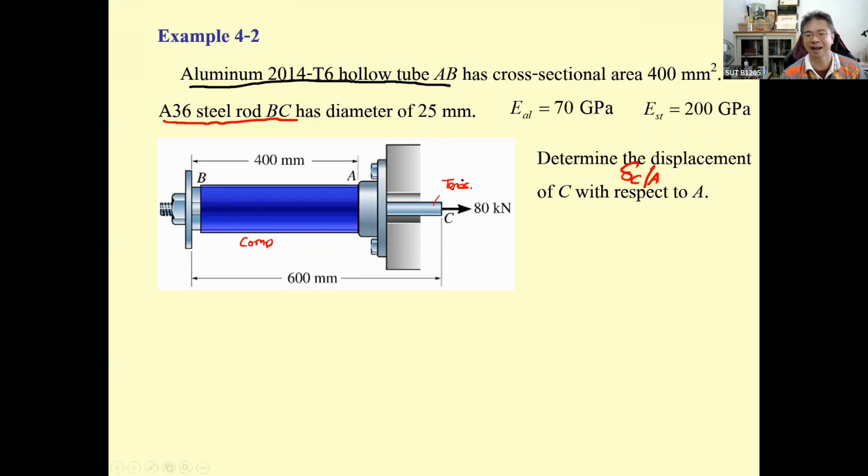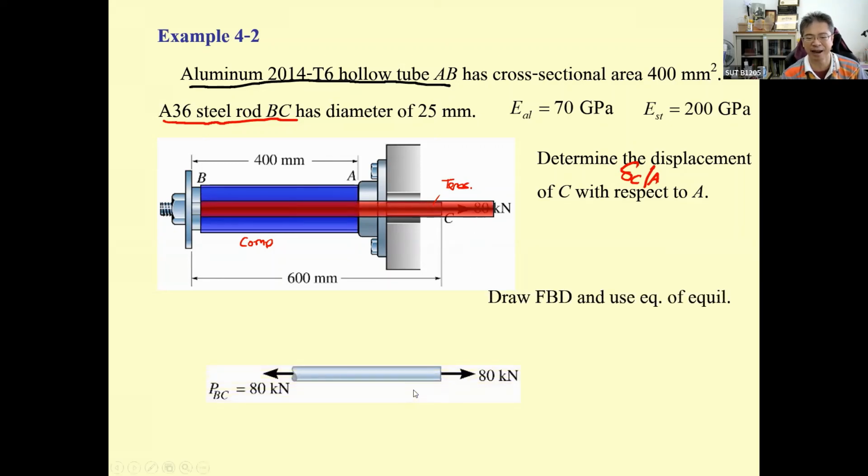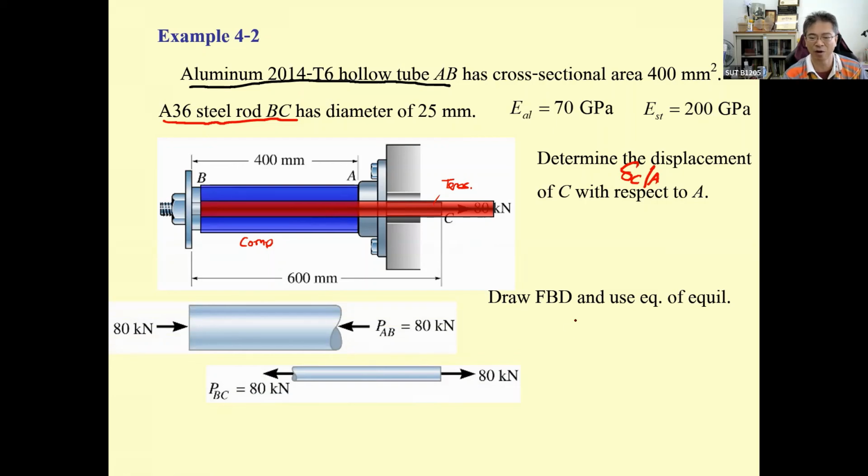If you understand this, these two are going to complement each other. By drawing the free body diagram, this one is going to be in tension and the tube is going to be in compression of 80 kilonewton. Summation of forces in x equals 0. Okay, this is going to be positive.